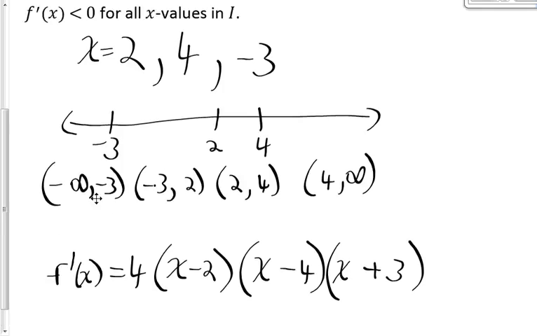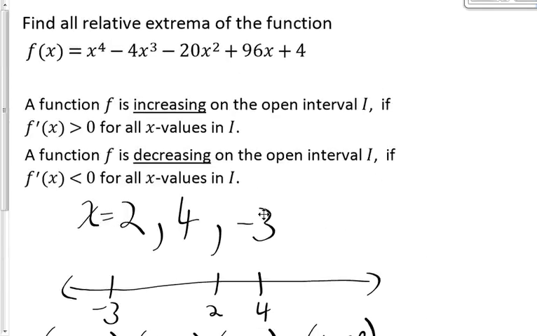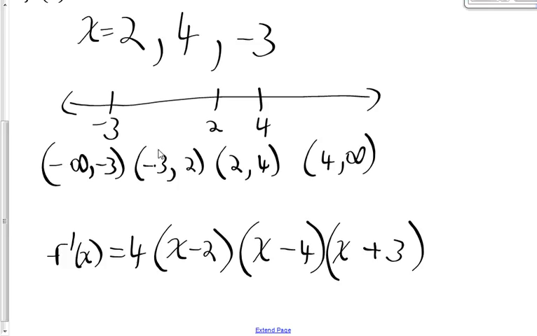I'm going to choose numbers on each one of these intervals and plug them into the derivative. If the derivative gives me a positive number, if f prime of x is greater than 0, then I will say the function is increasing on that entire interval. And if f prime of x is less than 0, negative, then I'll say the function is decreasing on that interval.